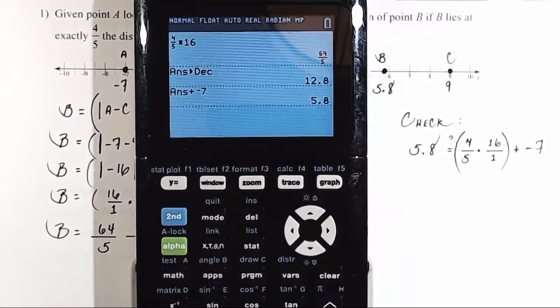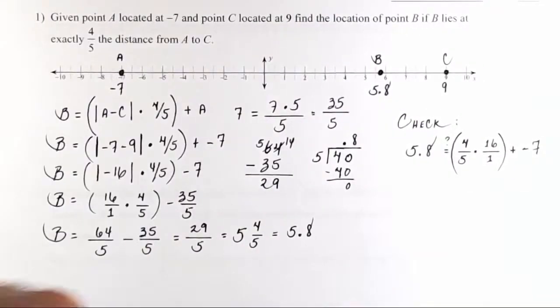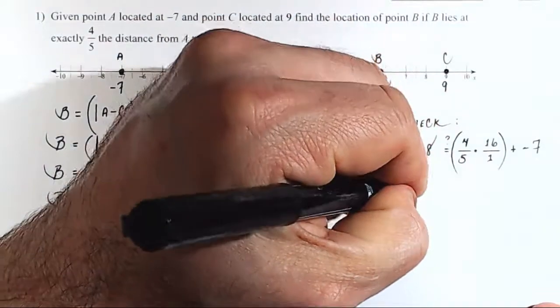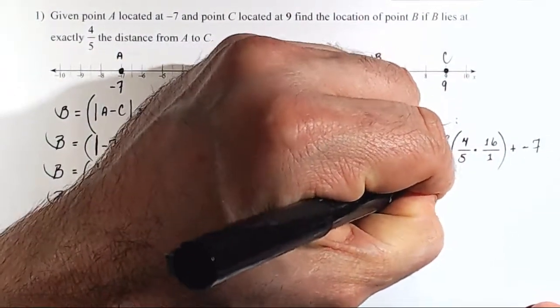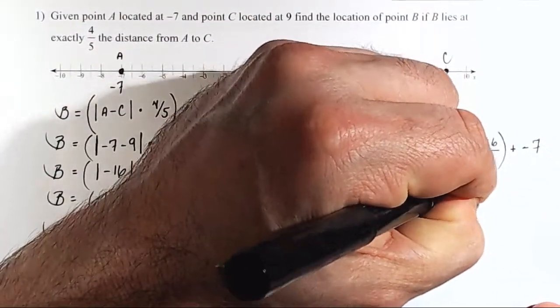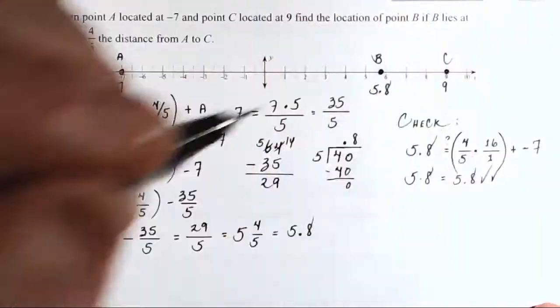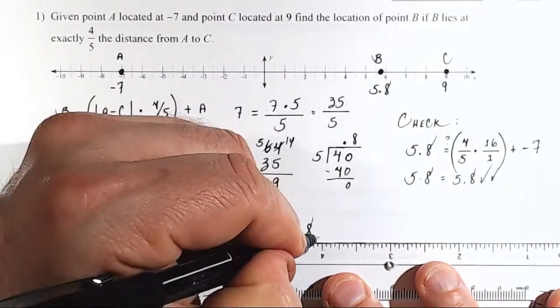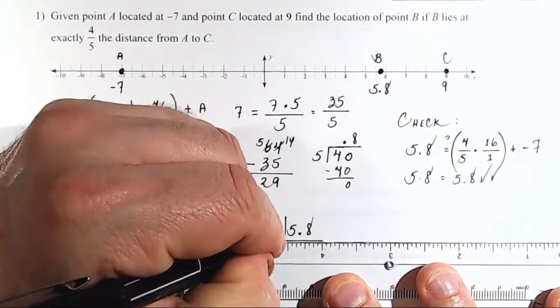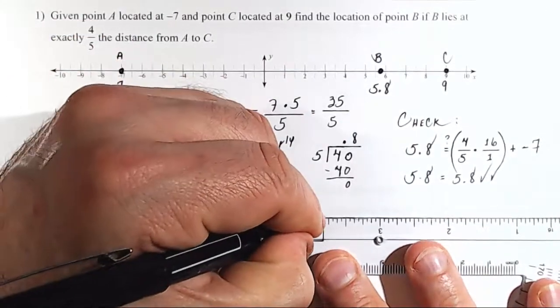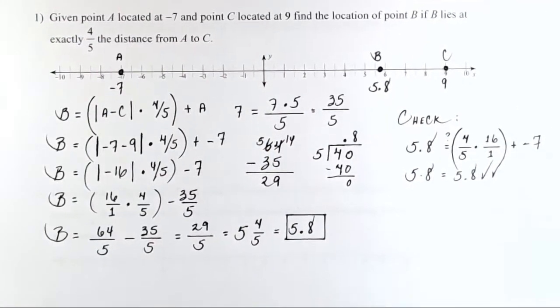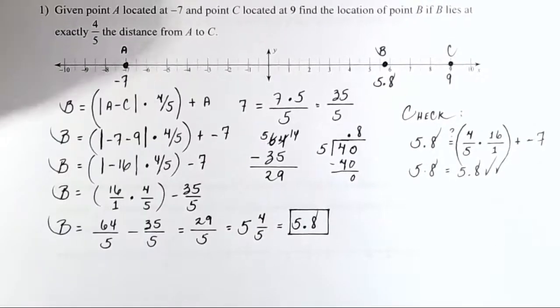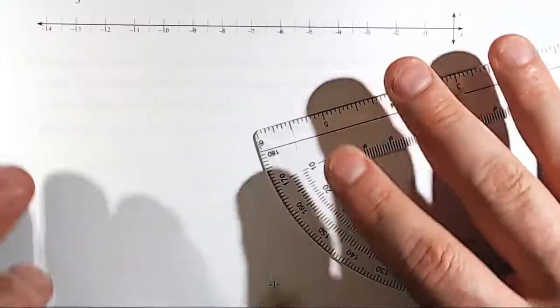Ah, there it is. Very good. So we were able to check that. Yes, it does. 5.8 equals 5.8. Check, check. And this is good. Okay. So we've finished problem 1. Okay. On to problem 2.